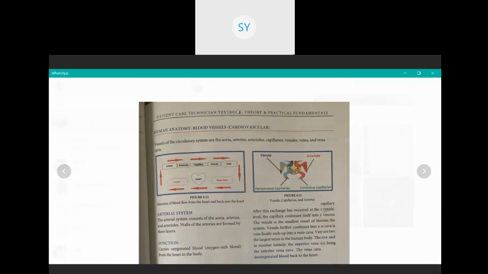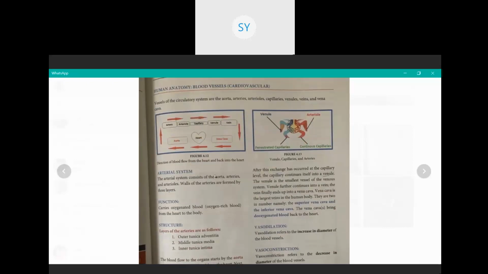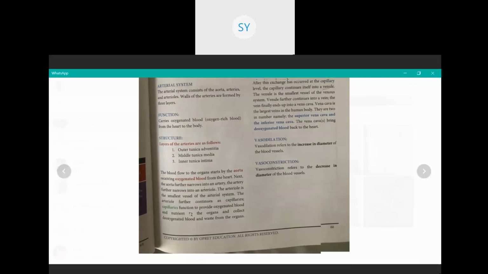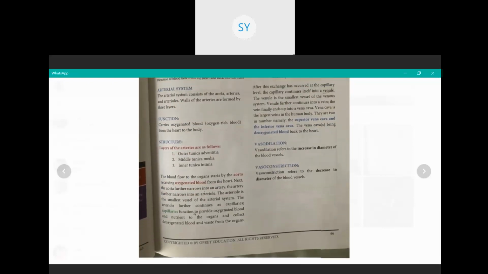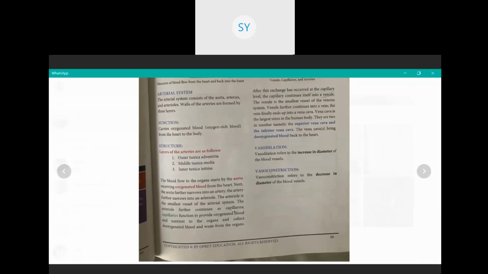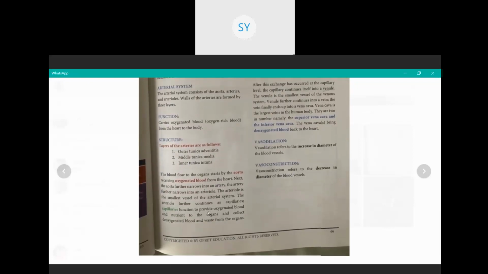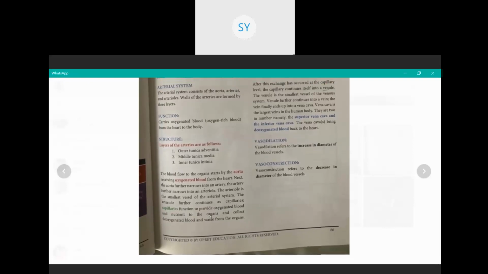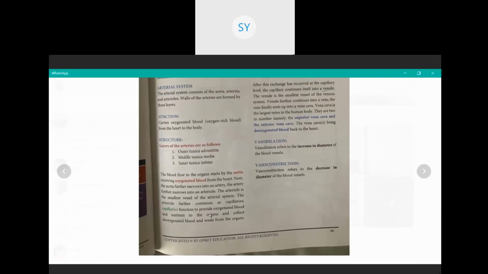then there will be capillaries. Okay, so that's how it looks. See here, the arteriole further continues to the capillaries. Capillaries function to provide oxygenated blood and nutrients to the organs. When the blood comes from your heart with the help of the aorta, circulating all over the body, finally it goes to the capillaries, and they provide oxygen and nutrients.